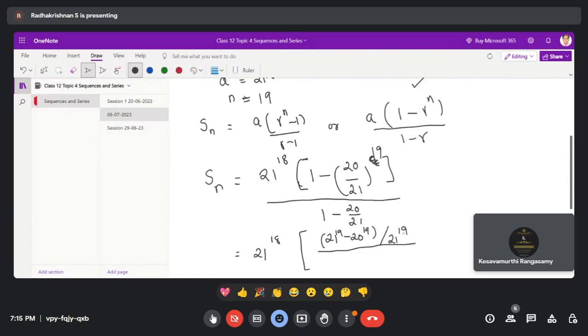That is your numerator. Right, 1 minus 20 to the power of 19 divided by 21 to the power of 19. So I can write like this, taking 21 to the power of 19 as common. And this is 1 minus 20 by 21, what is this? 1 by 21.